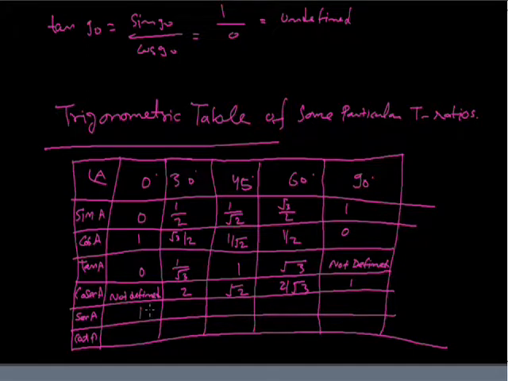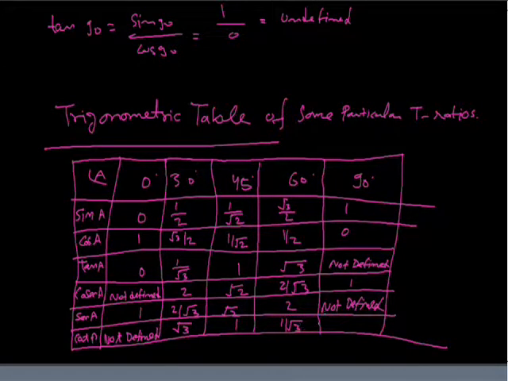Sec 0 is 1, sec 30 is 2 upon root 3, sec 45 is root 2, sec 60 is 2, and sec 90 is not defined. Cot 0 is not defined, cot 30 is root 3, cot 45 is 1, cot 60 is 1 upon root 3, and cot 90 is 0.